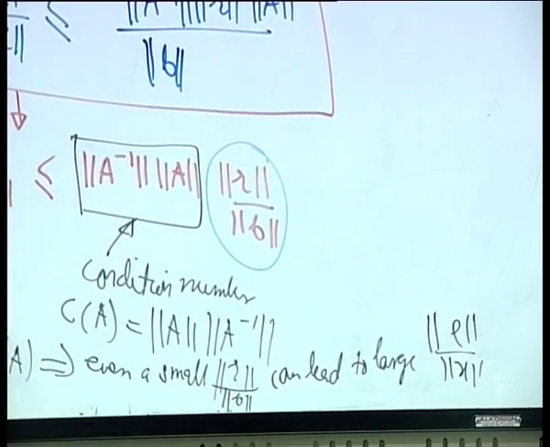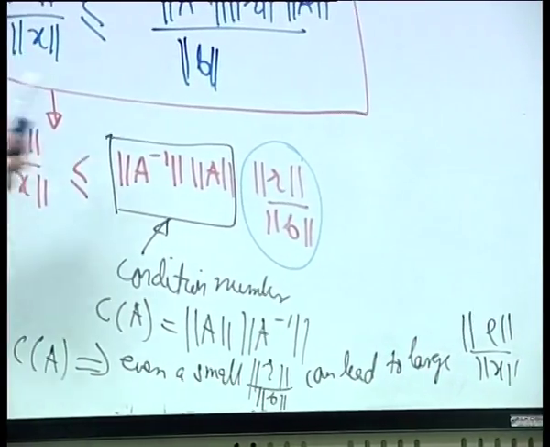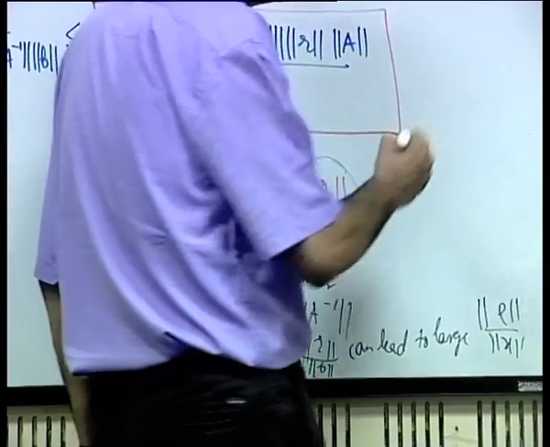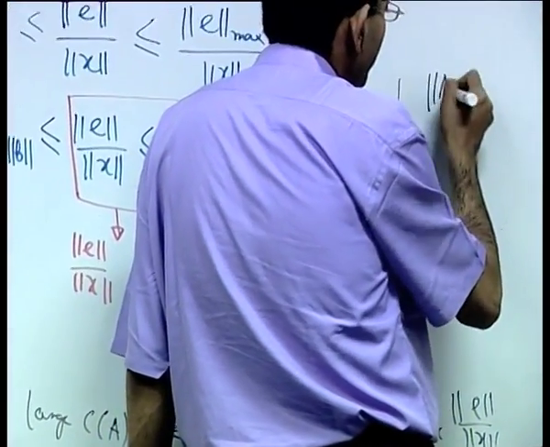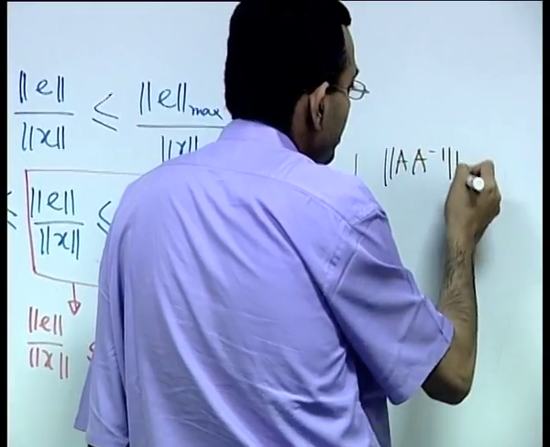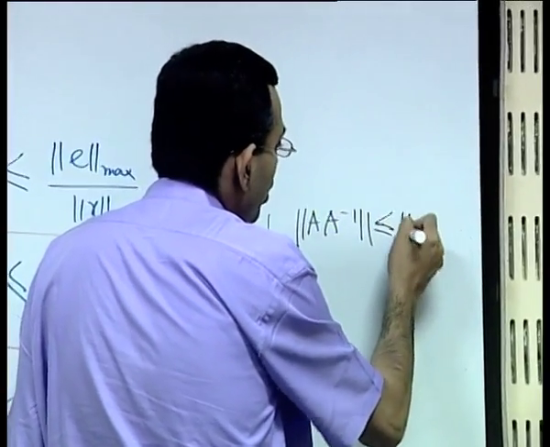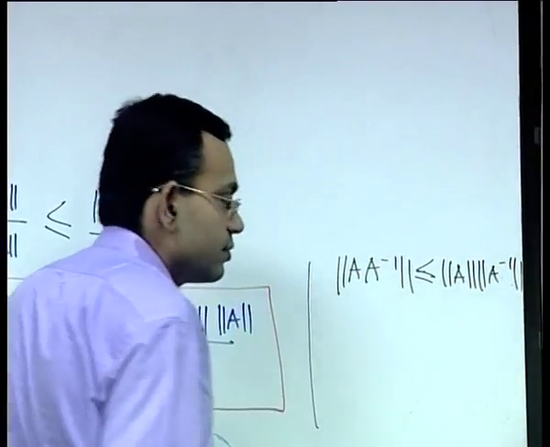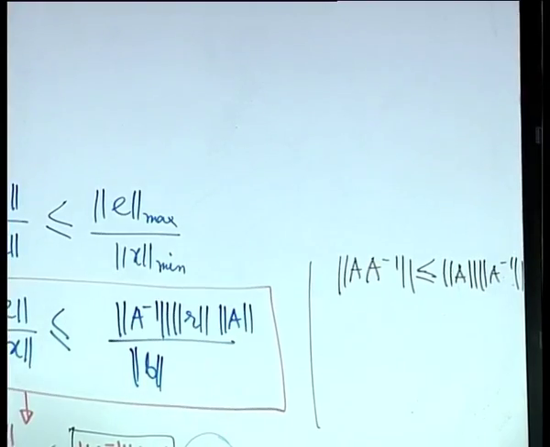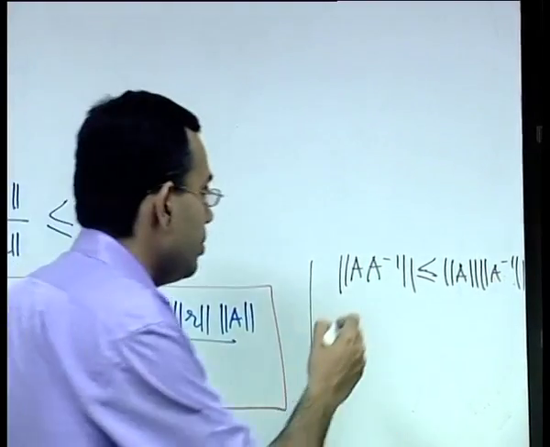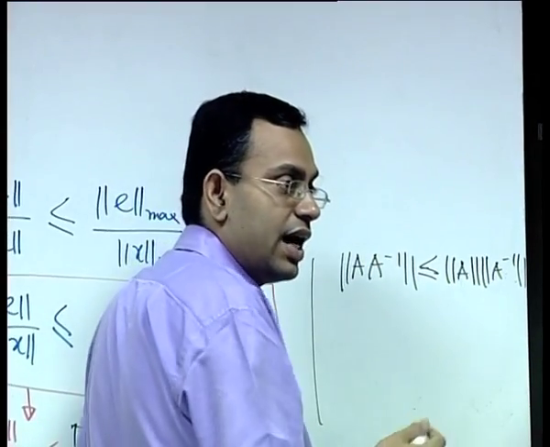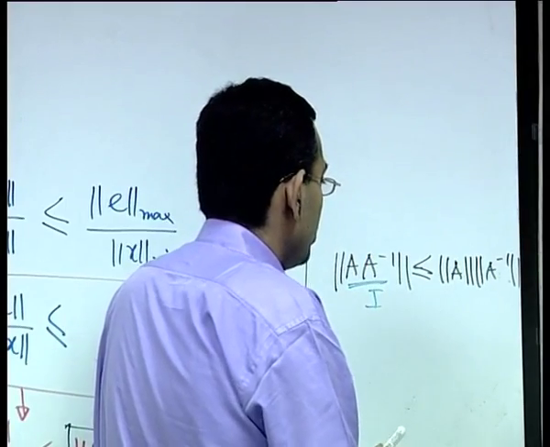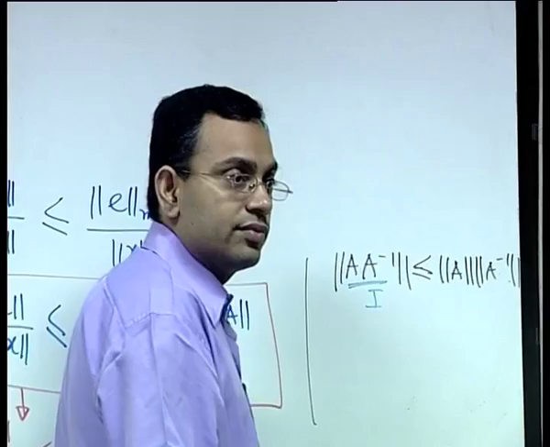So, the coefficient matrix should be such that norm of A into norm of A inverse is as small as possible. Now, how small can it be? Norm of A into A inverse is less than or equal to norm of A into norm of A inverse. Remember, A into A inverse is I, the identity matrix of the same order, and norm of that is 1.